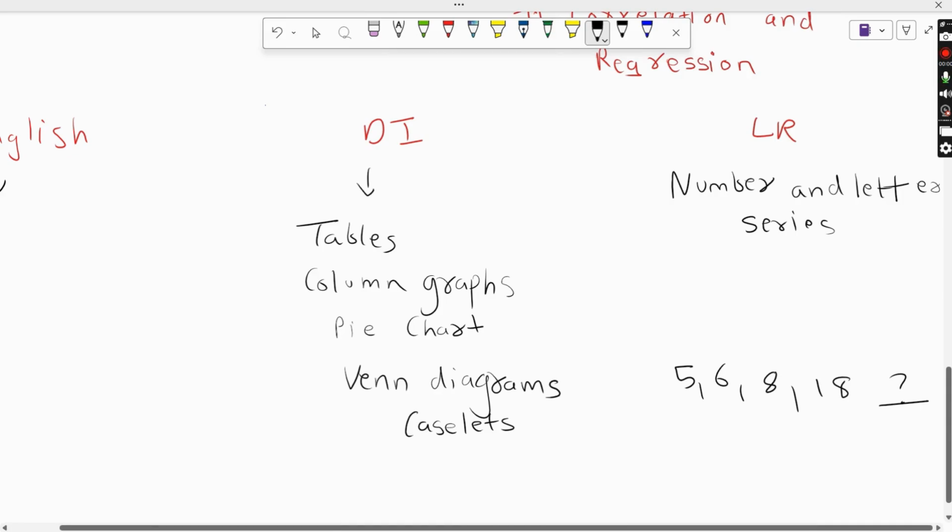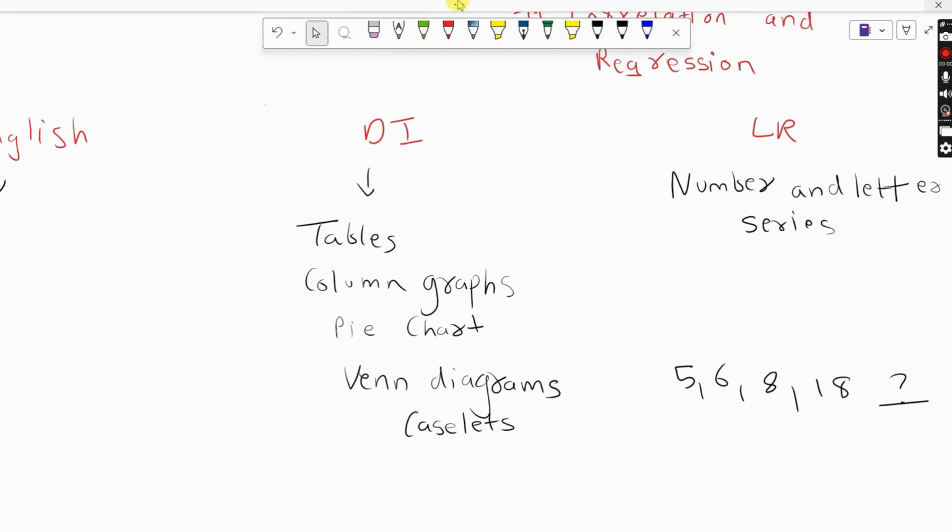You have to basically analyze the pattern of the last four numbers and predict the next number from the options and then give the answer. This is what we are going to be asked in the number and letter series.